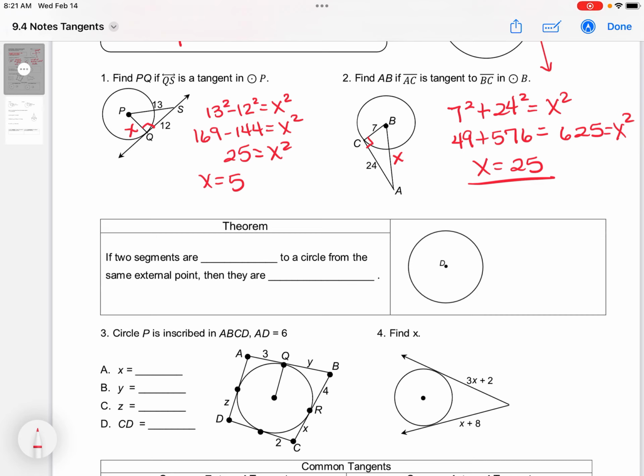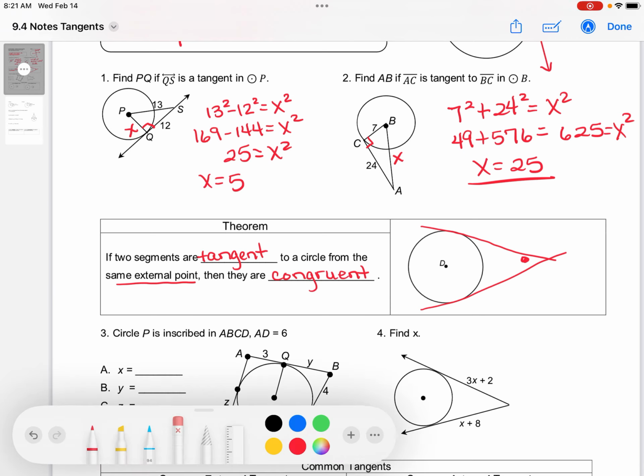If two segments are tangent to a circle from the same external point, then they are congruent. So if we have a point out here somewhere, and I can make tangent lines, let's erase that dot, because that's not even close.